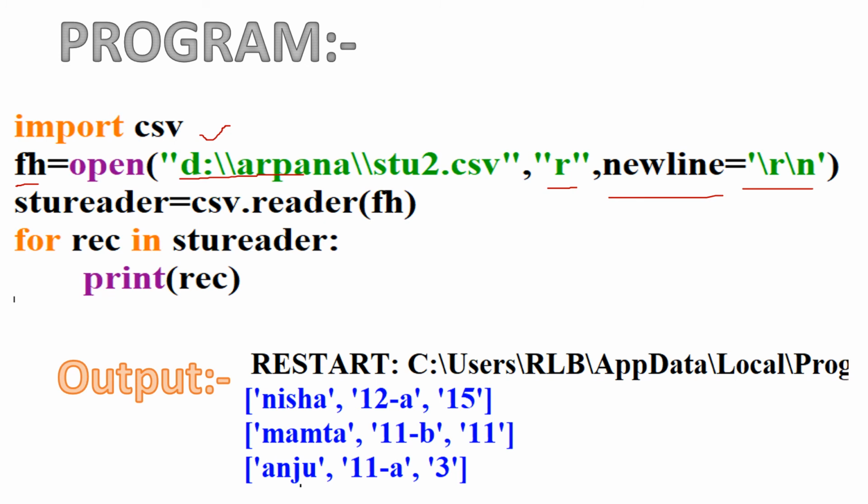When you call the csv.reader function, all the records will be fetched from the file and stored in the stureader object as an iterable. Now using a for loop, you can iterate through it and access the details, and you can see no extra newline character between the different lines. It is all because of this newline argument having the value \r\n.